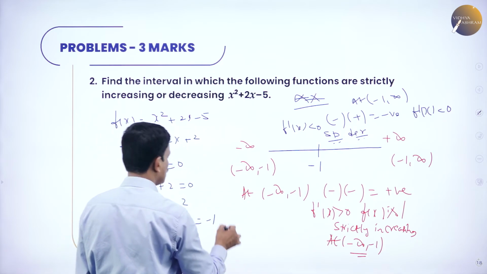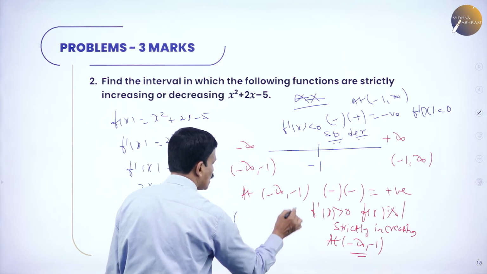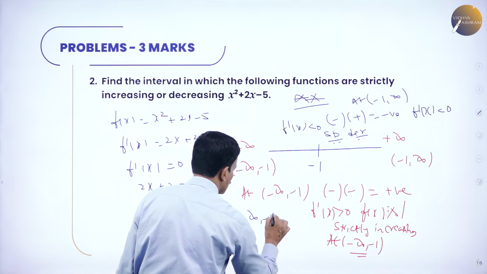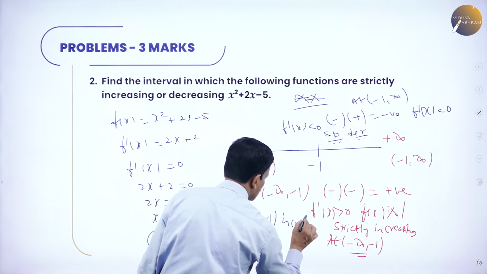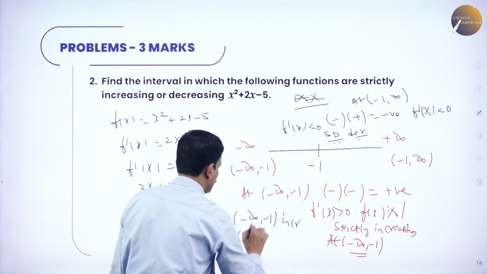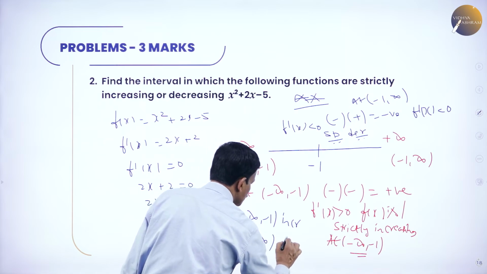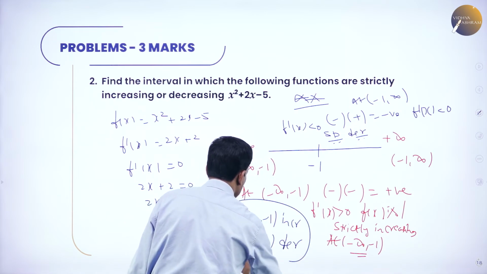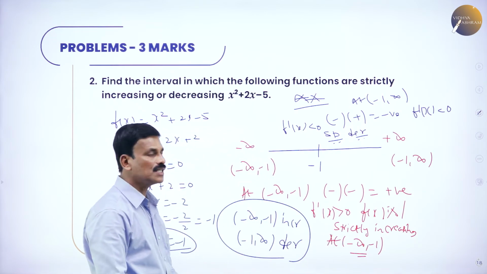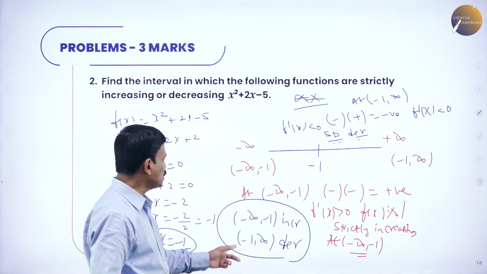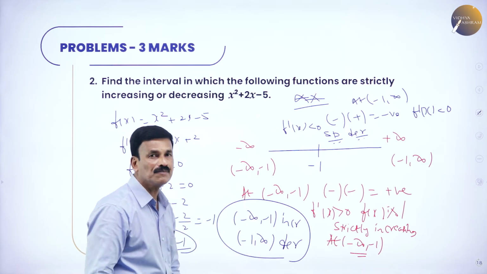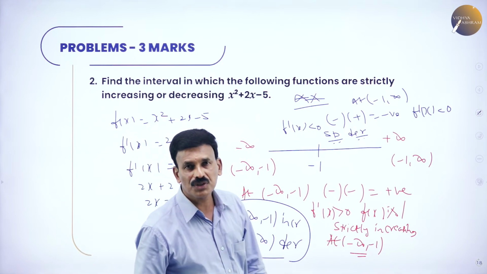The function is strictly increasing at minus infinity comma minus 1 and strictly decreasing at minus 1 comma plus infinity. Very important for 3 marks.